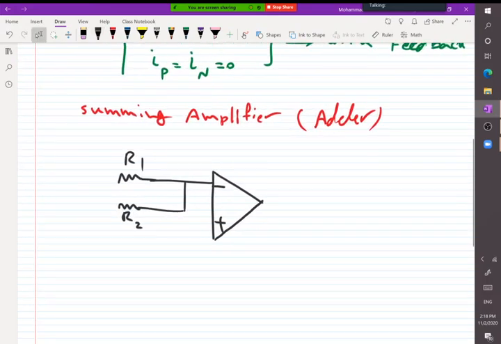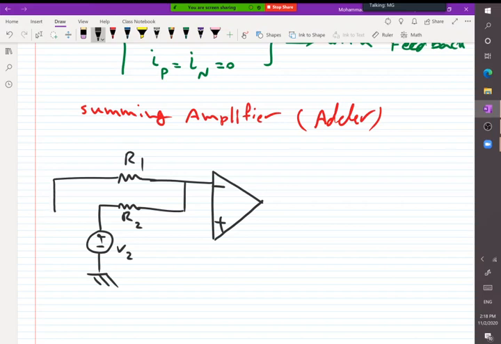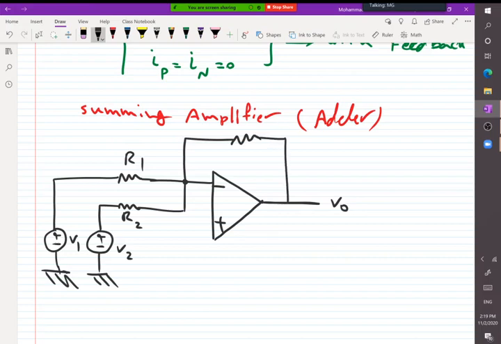Resistor R2 is connected to a voltage source. Let's call it V2. And resistor R1 is connected to a voltage source. Let's call it V1. And here we have VO, and there is a feedback from the output to the input with resistor RF.